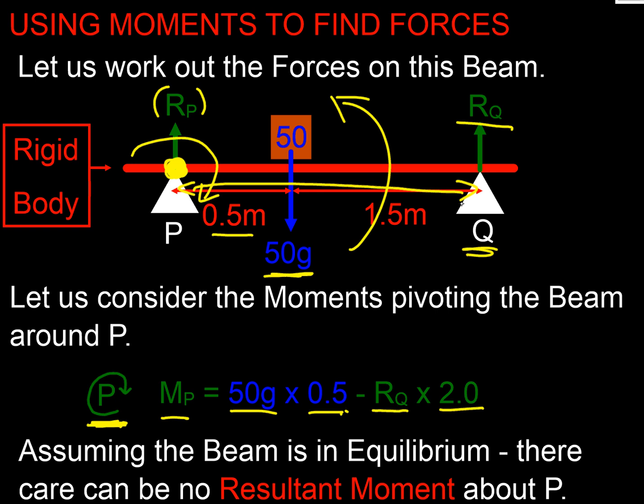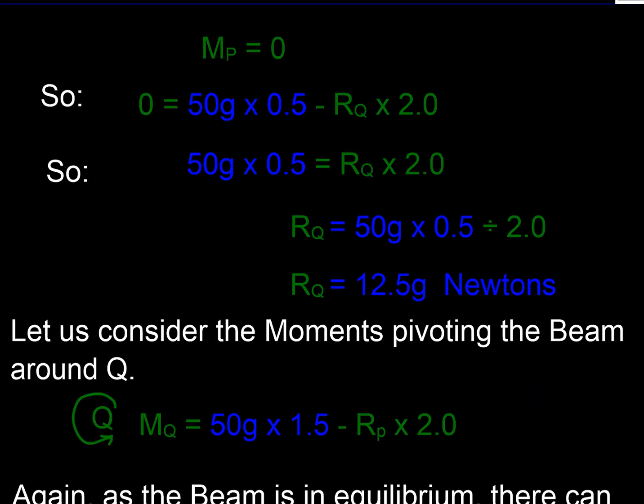Now that gives us a resultant moment, doesn't it? If this is in equilibrium, if this body, this beam, is not moving, the resultant moment must be 0. So MP would be 0. We could think of it in two ways.